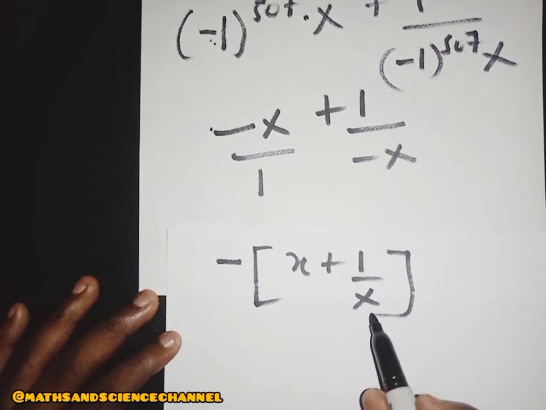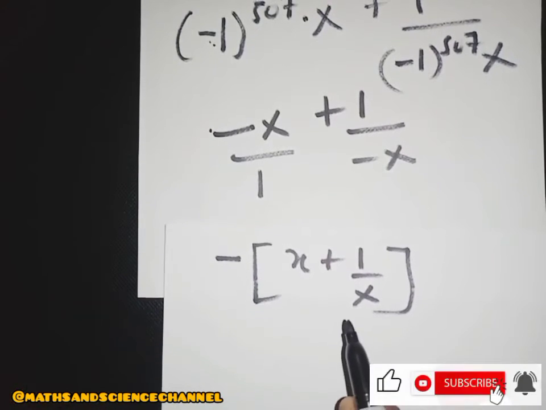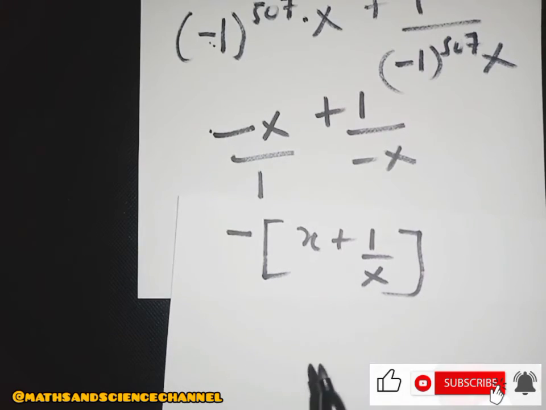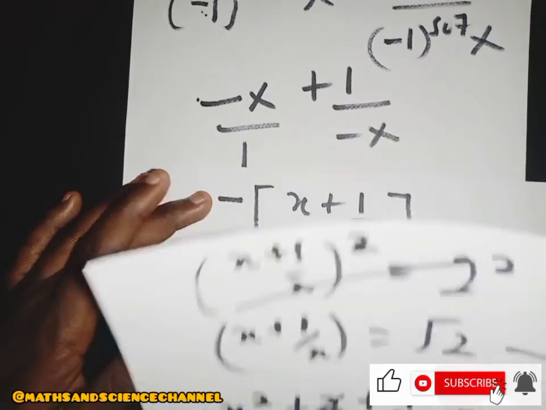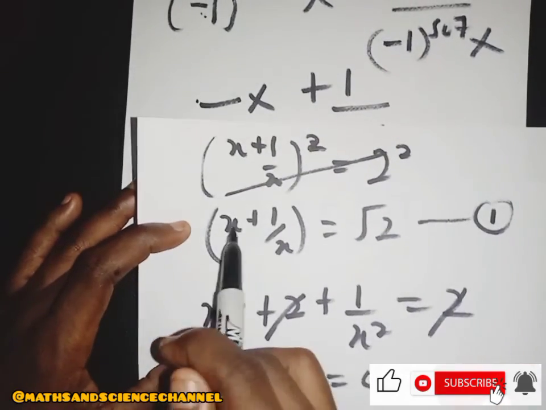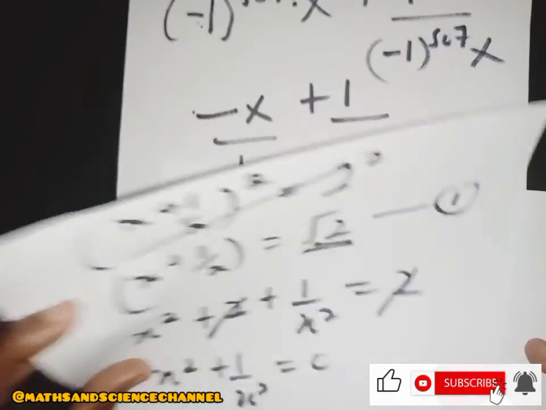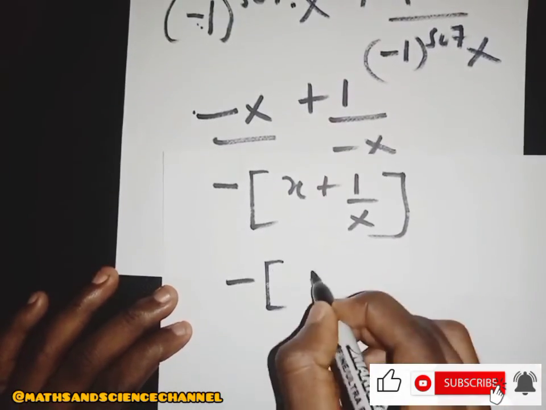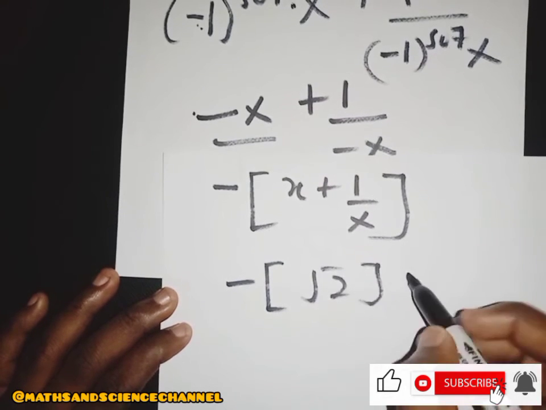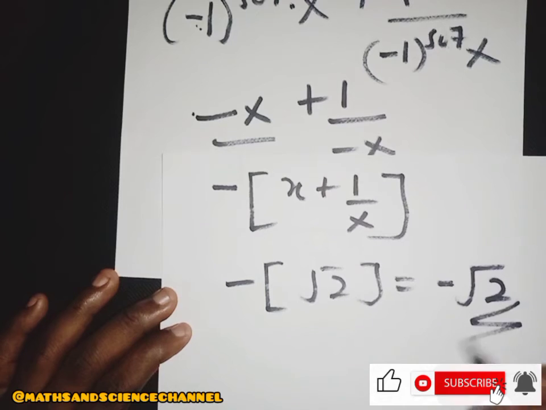But remember, from the other part, from equation 1, we said that s plus 1 over s equals the root of 2. So let's substitute that into it. That will make it easier. So we just substitute that into it, right? And therefore we have our answer to be -√2.